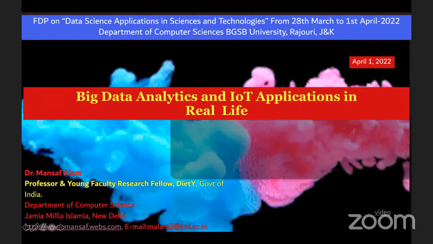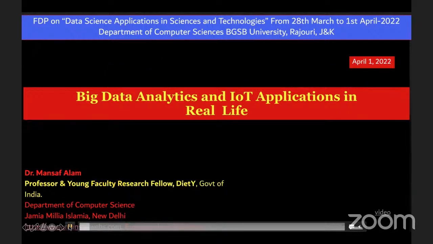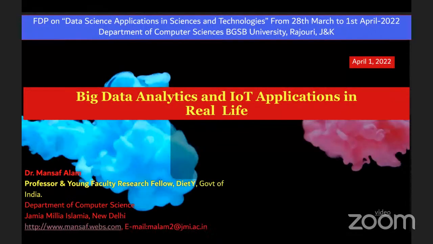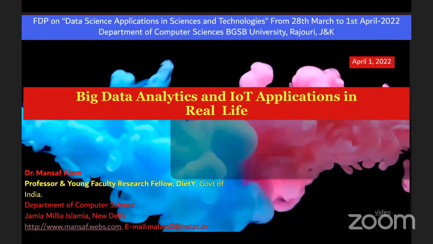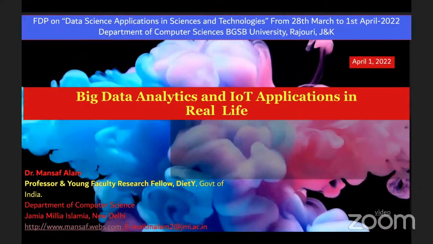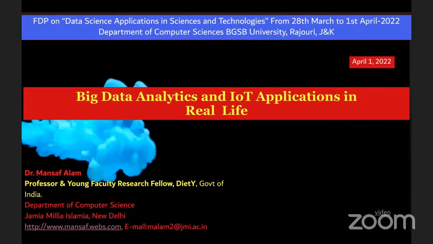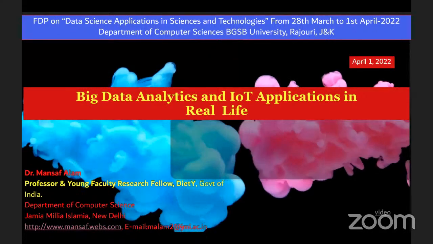Professor Alam had been working as a security advisor, Jamia Millia Islamia, New Delhi, from July 2018 to July 2019. He had been working as a deputy proctor from June 2017 to July 2019, as a deputy director, IQAC, from February 2016 to September 2019, and as a deputy provost from 2018 to July 2019.